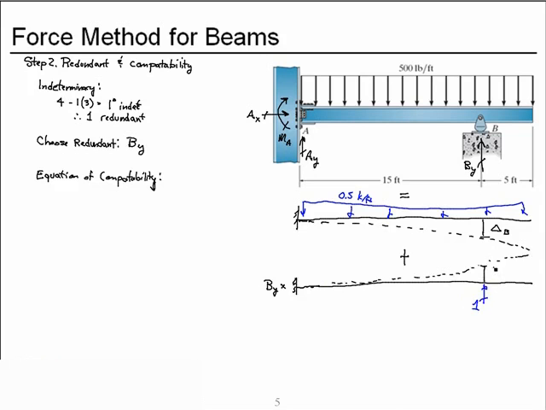And over point B, we have a deflection that we'll call the flexibility coefficient, or FBB, the deflection at B due to a unit force applied at B.